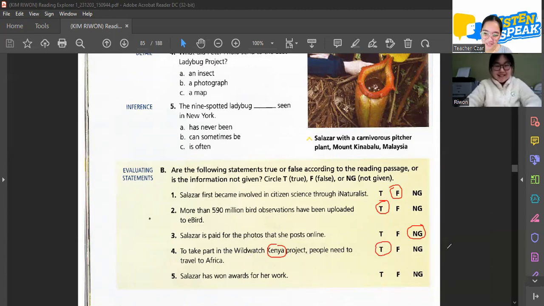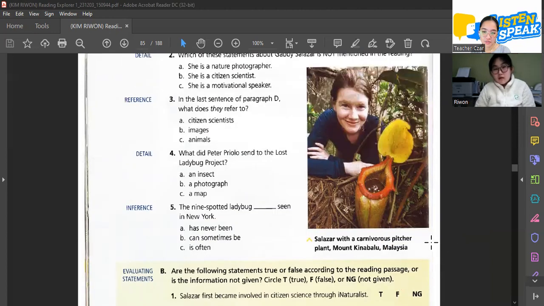How about 5? Salazar has won awards for her work. So this one is Salazar, with the carnivorous pitcher plant, Mount Kinabalu in Malaysia.